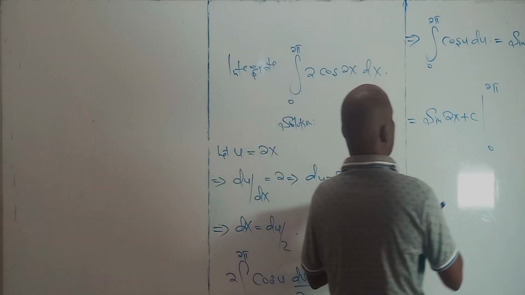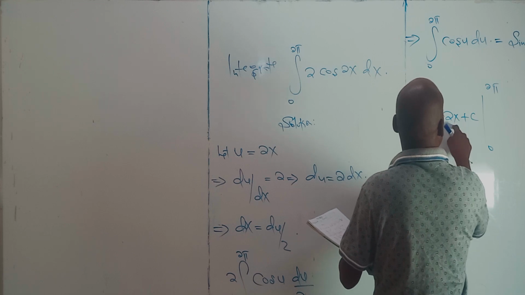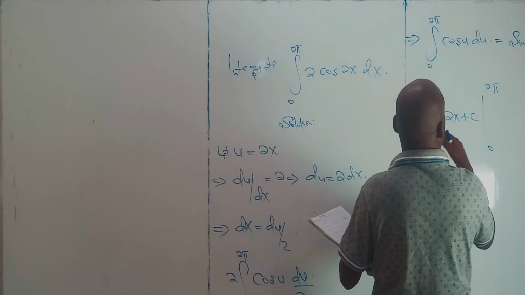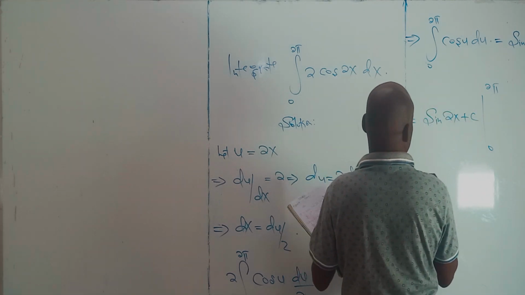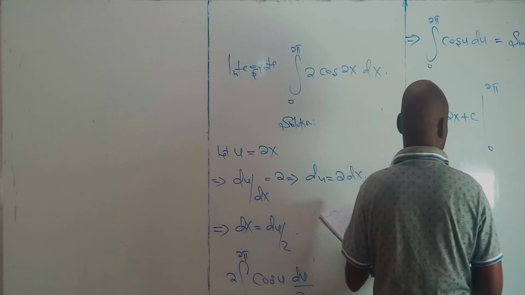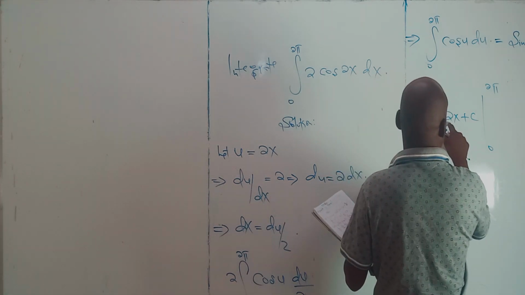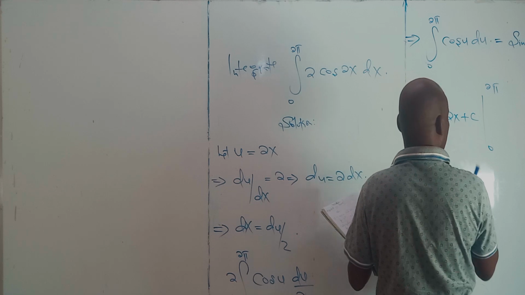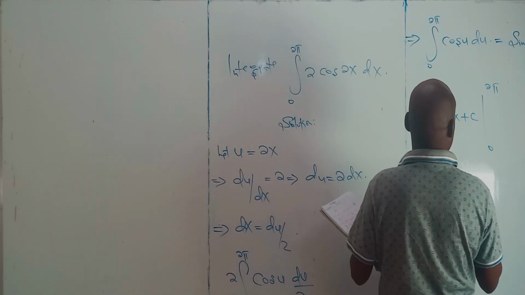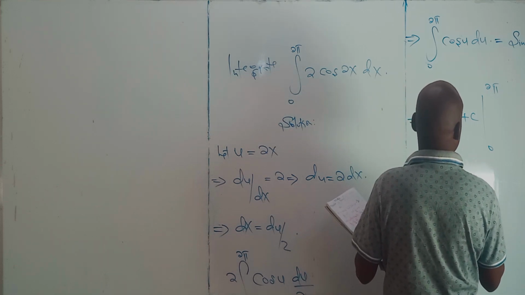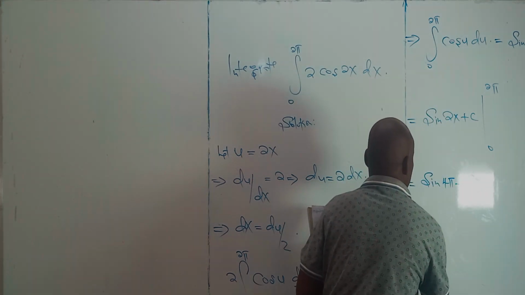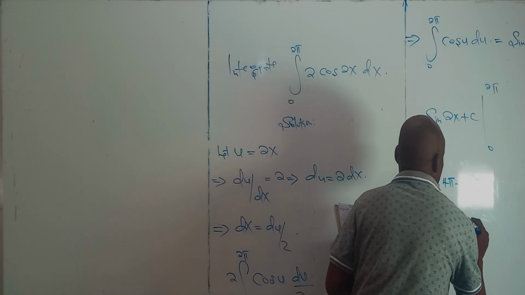Now, if we are substituting, where there is x, we put this. This will then be sin of, where there is x we put 2 pi, so we are talking about sin of 4 pi, minus sin of 0, which is 0 minus 0, which is 0.